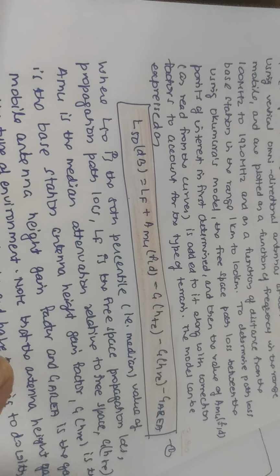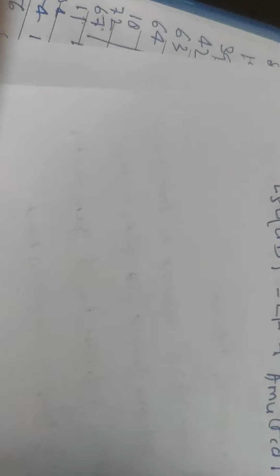So taking this formula and solving the problem: L50 dB is equal to LF plus Amu(f, d) minus G(h_te) minus G(h_re) minus G_area.